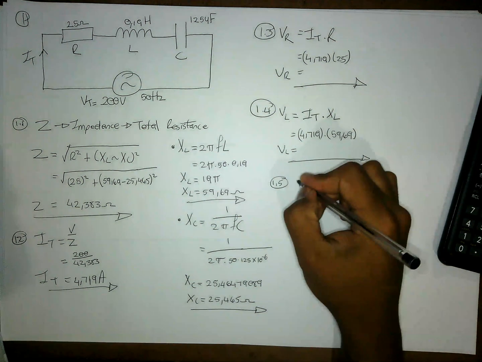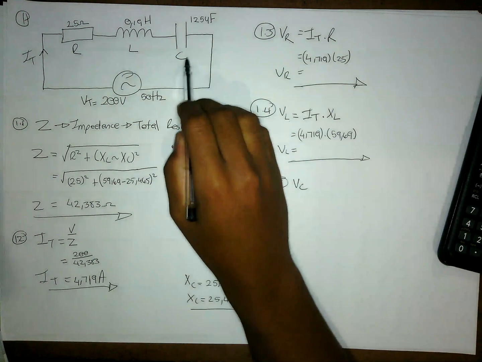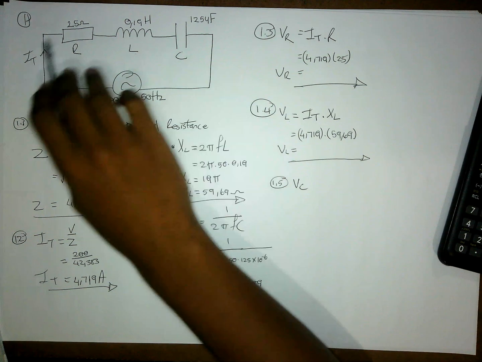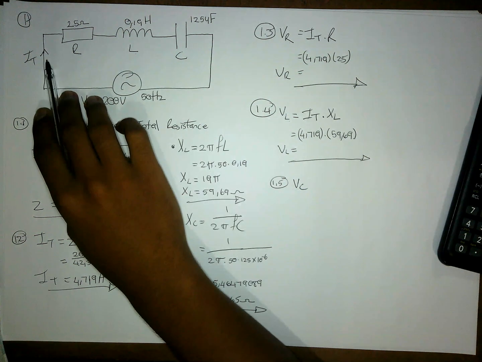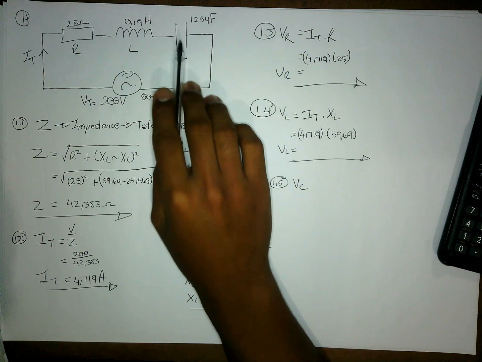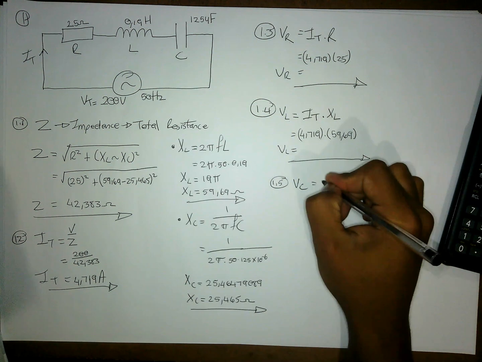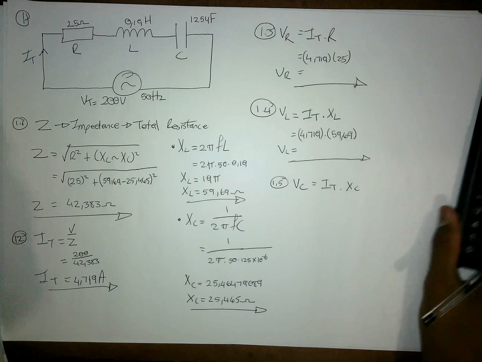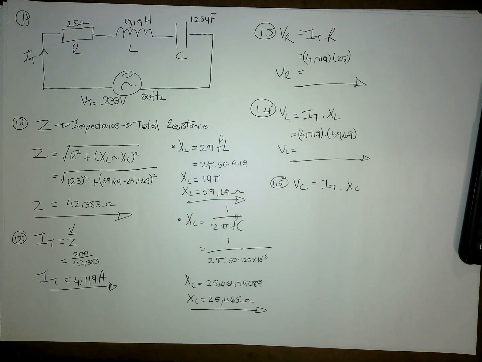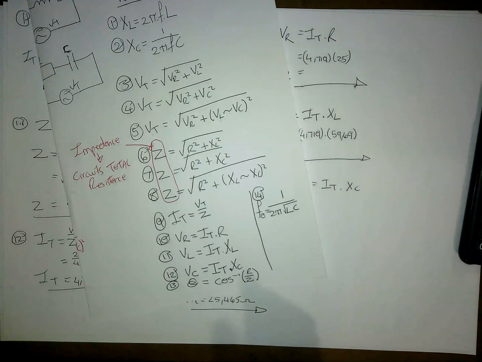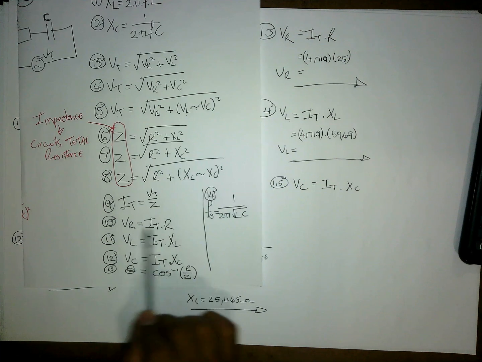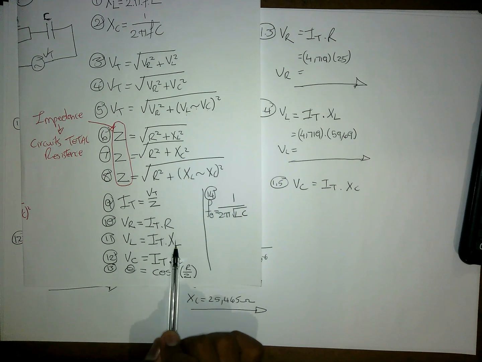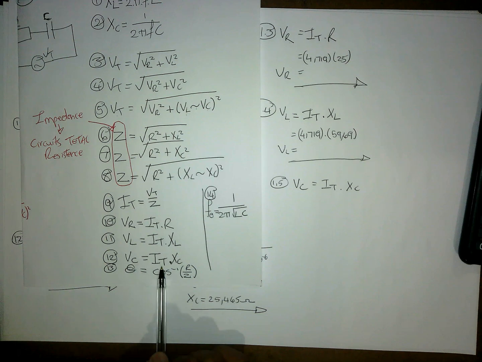For VC, the voltage drop across the capacitor, we need the current going through, which is our I total, and we need the resistance of this component. So it's our I total multiplied by our XC. That's also on our formula sheet that we wrote: VR equals I times R, VL equals I times XL, VC equals I times XC.